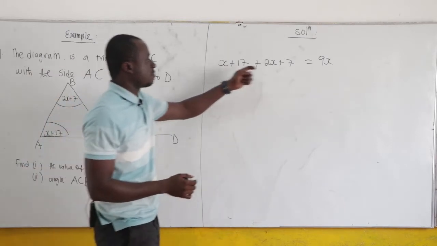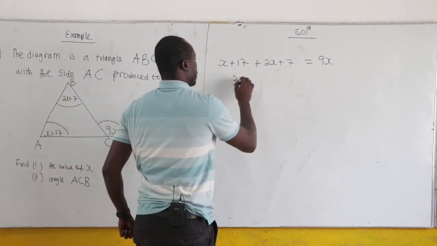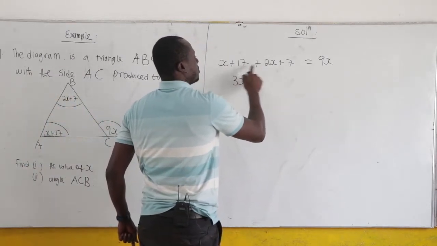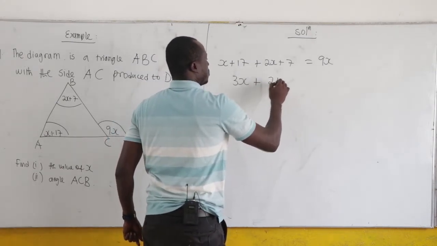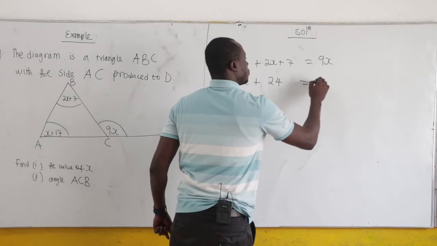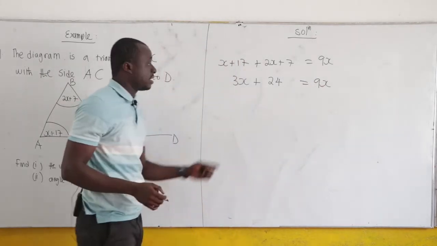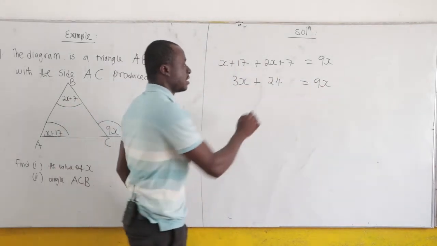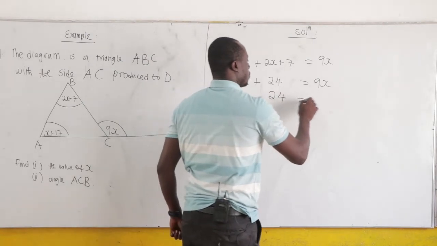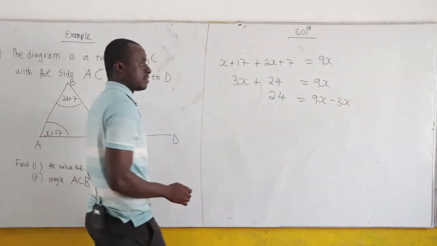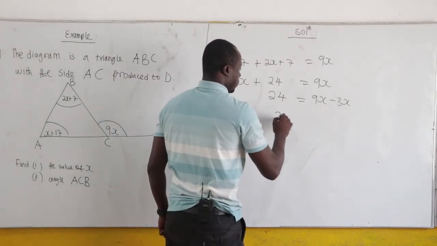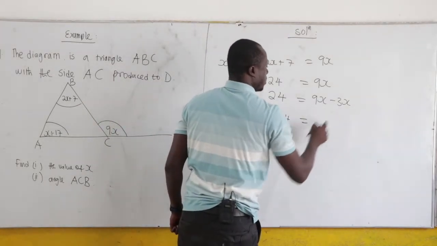9x. Now x plus 2x, this is giving us 3x. 17 plus 7, that is 24, equal to 9x. We want to find x, so this 3x has to move to that side. So you have 24 equal to 9x minus 3x.